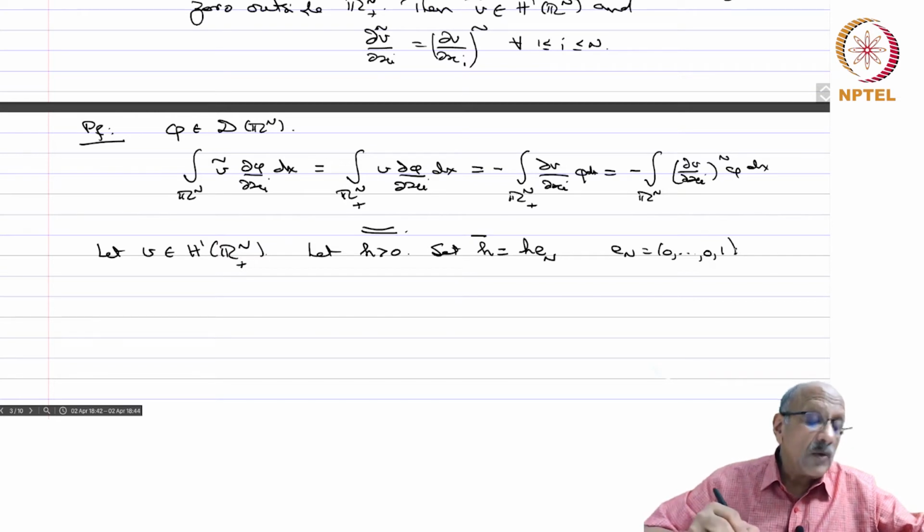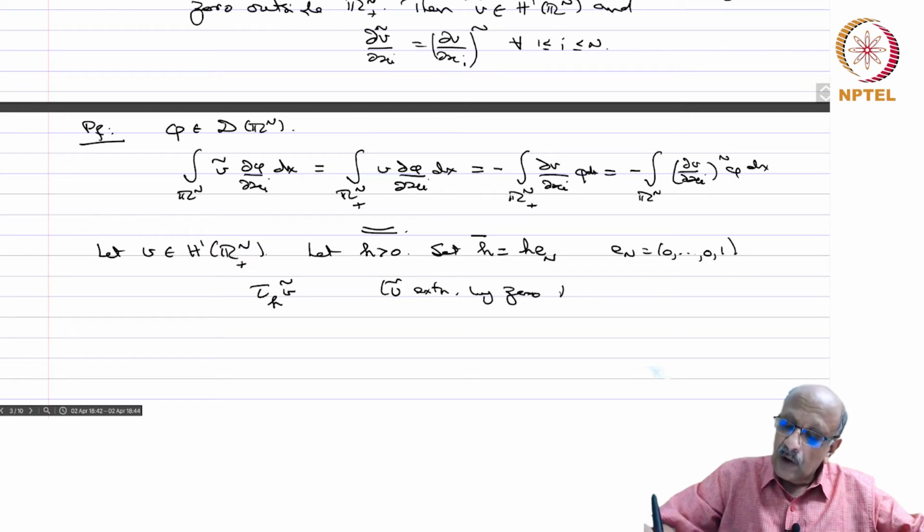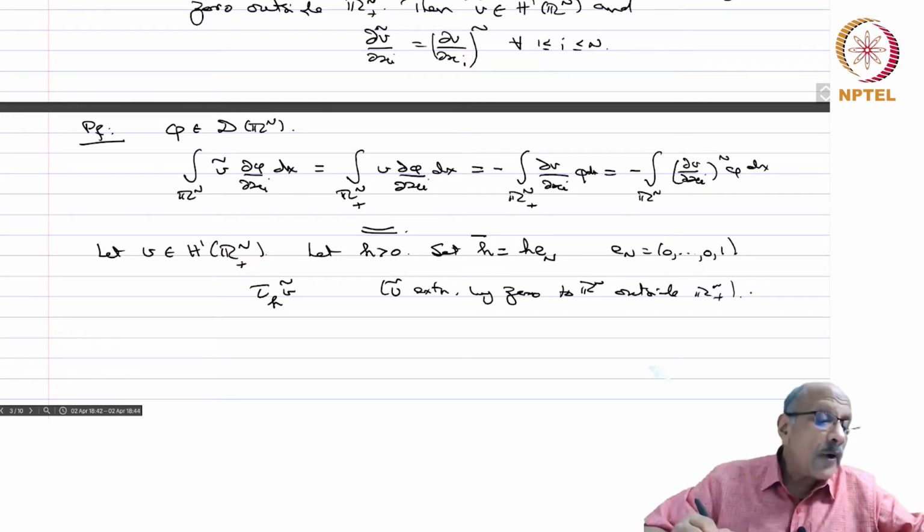Now you consider tau h v tilde, where v tilde is the extension by 0 outside Rn plus.